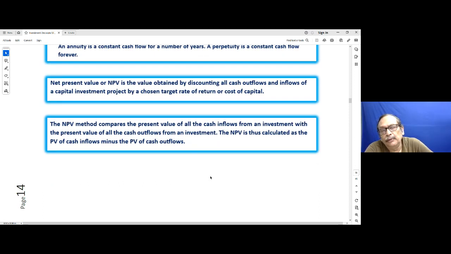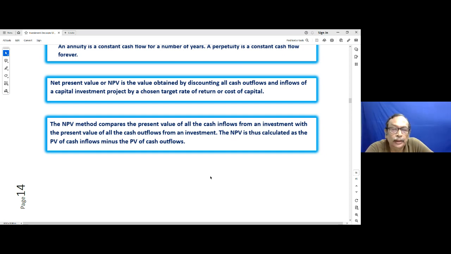So net present value, or NPV, is the value obtained by discounting all cash outflows and inflows of a capital investment project by a chosen target rate of return or cost of capital. Now here, the target rate of return is your cost of capital. It may be the weighted average cost of capital or the desired rate of return.